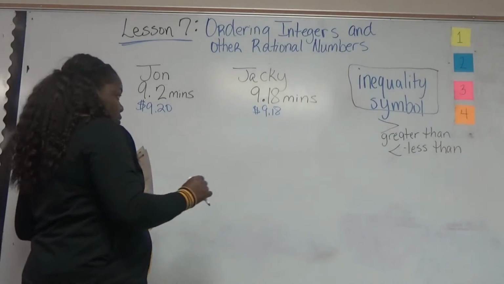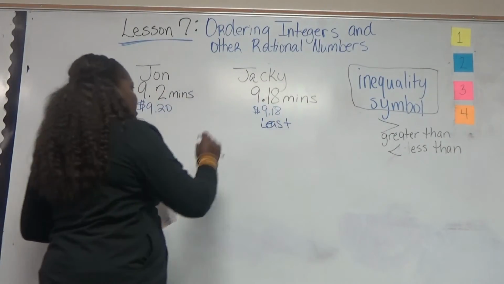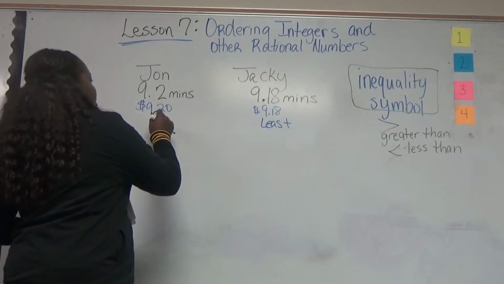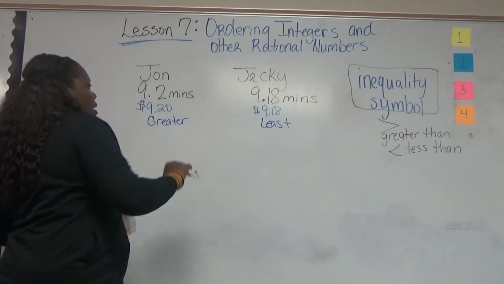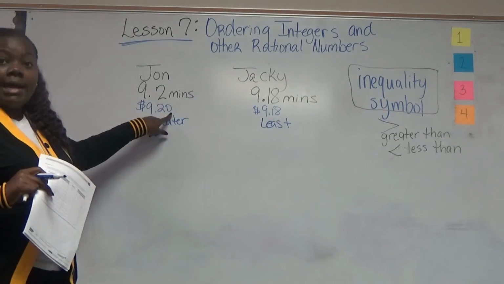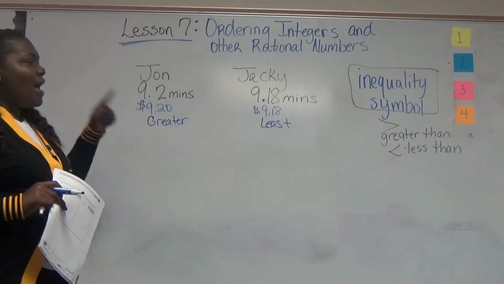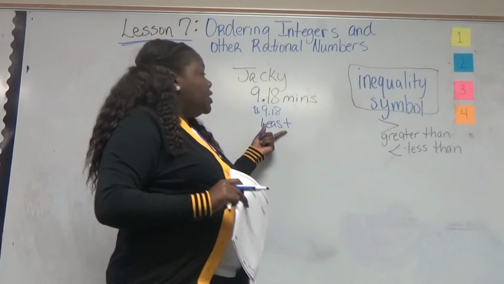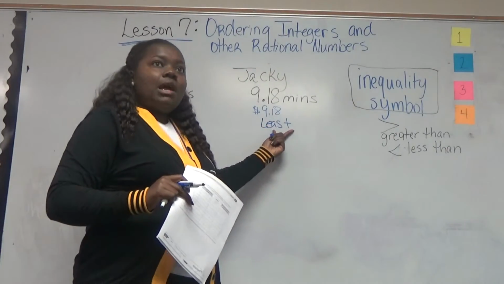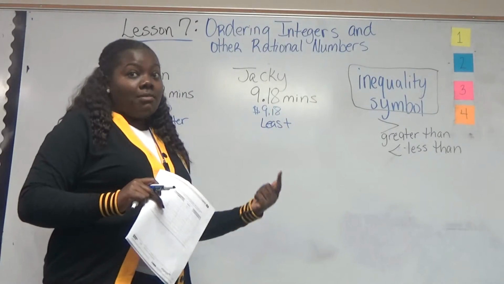Who has the most money? John, because this is the greater amount, right? All I did here was add a 0 behind the 2, which does not change the value. So if Jackie had the least amount of money, that must mean she had the least what? The least time. The least time that was ran, right?